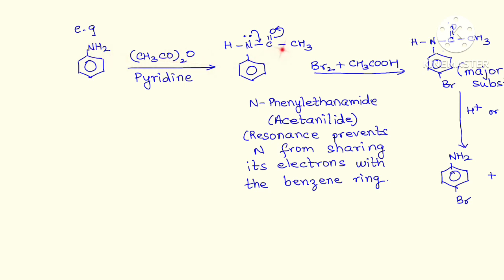Yes, you recall this reaction, substitution on the NH2 group. N-phenyl ethanamide, also known as acetanilide. I am sure you will be able to recall it as C6H5NHCOCH3. That's our acetanilide, and we have spoken about these in our earlier slides.